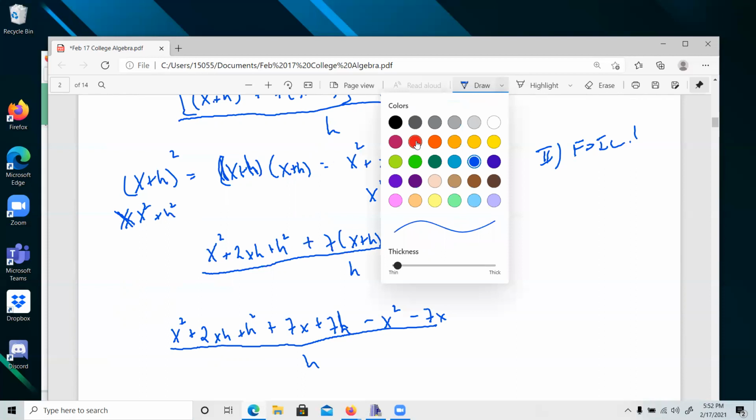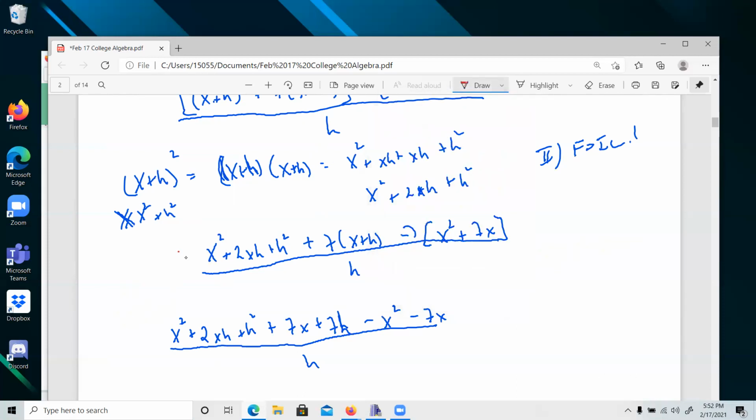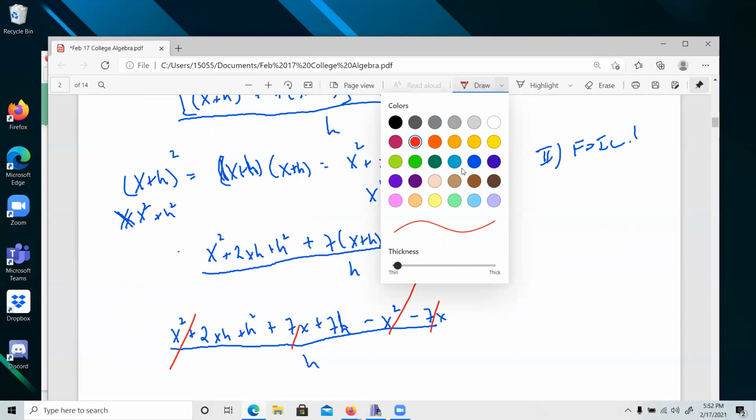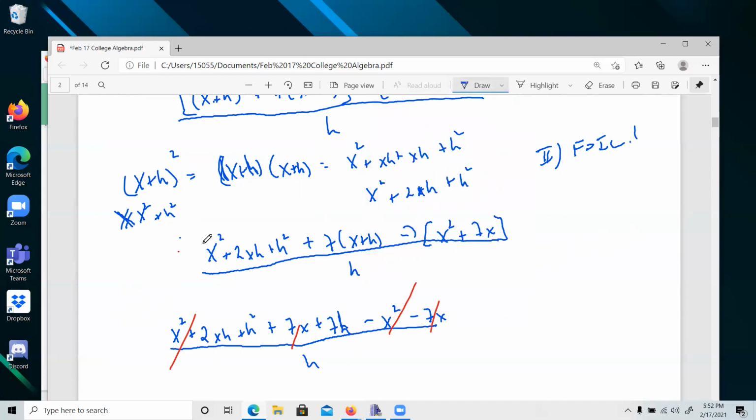We have an x squared and an x squared, we have a 7x and a negative 7x. The original function should always cancel out. That f of x, you should have nothing left there. And then what do we have left? We have 2xh plus h squared plus 7h, all divided by h.